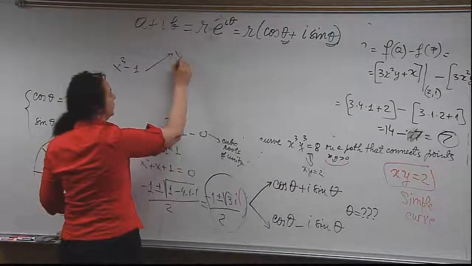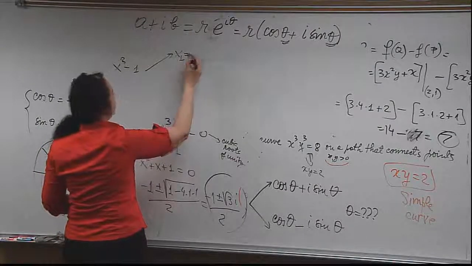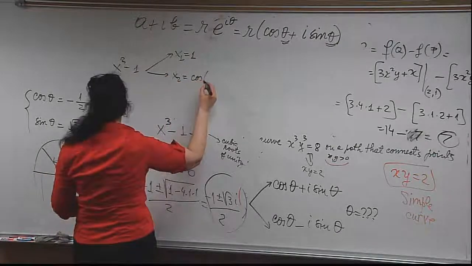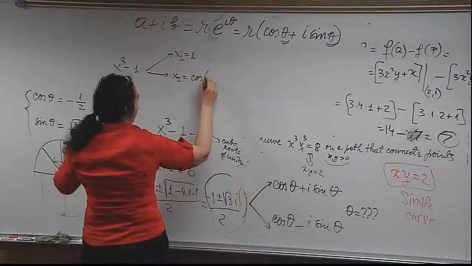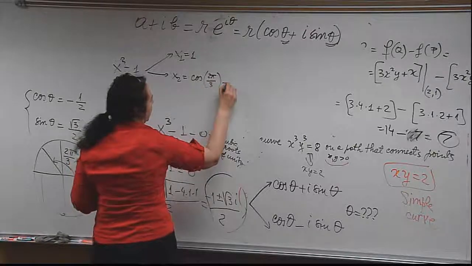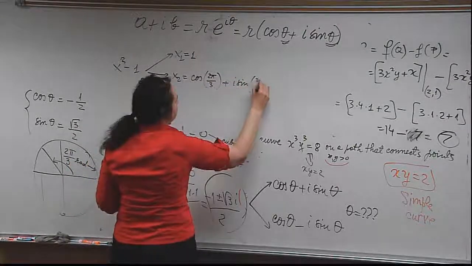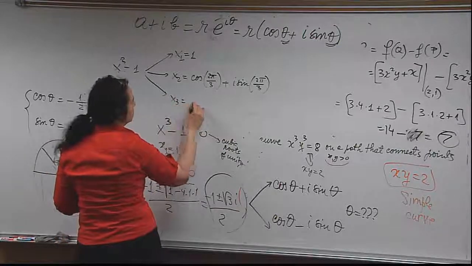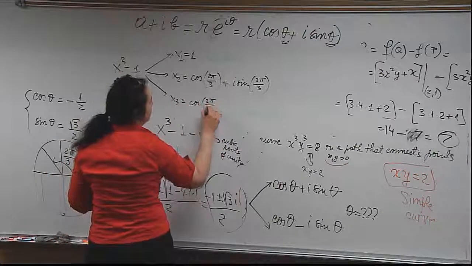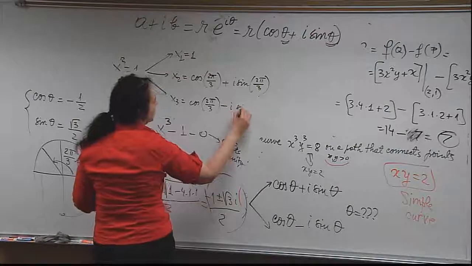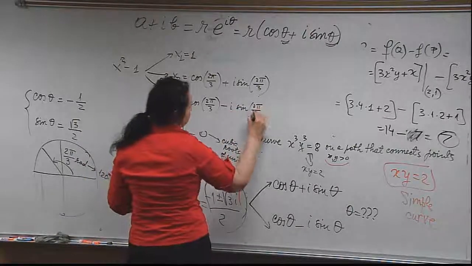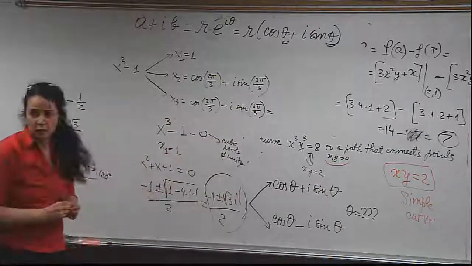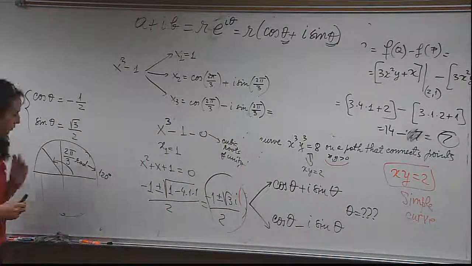They will ask you to put it in trigonometric form. x1 is 1, x2 is cosine of 2 pi over 3 plus i sine of 2 pi over 3, and the other one is x3 equals cosine of 2 pi over 3 minus i sine of 2 pi over 3.